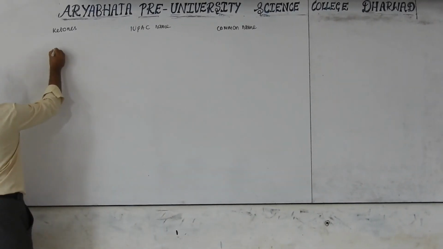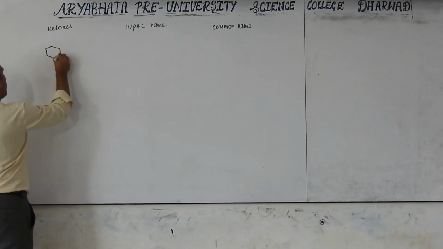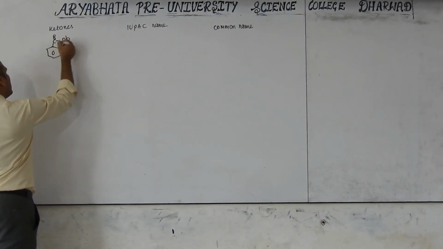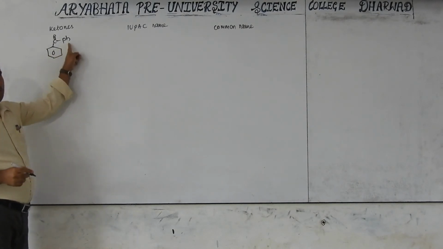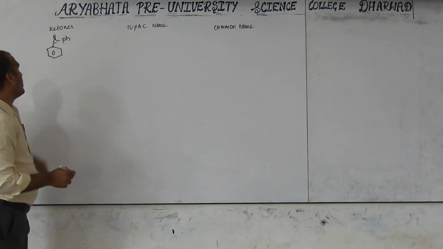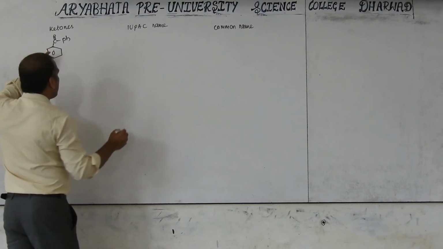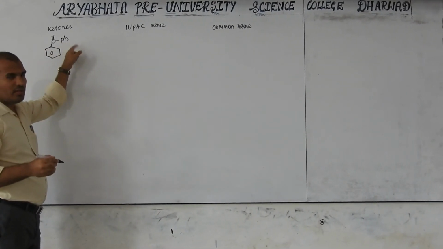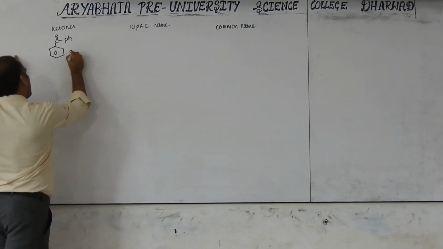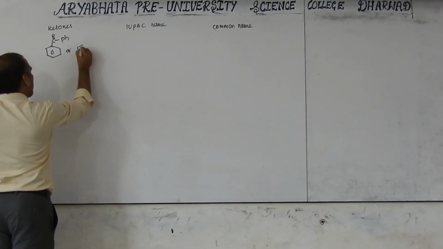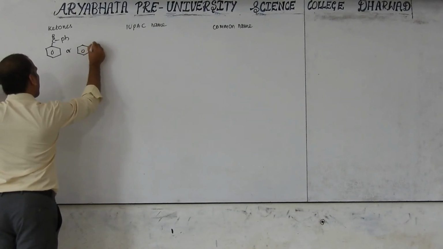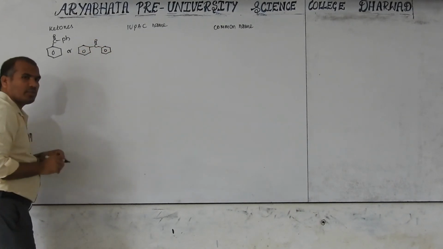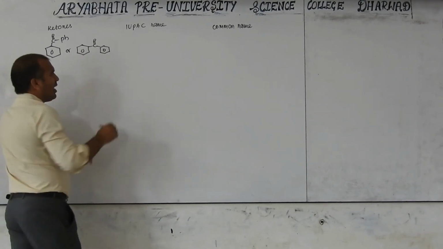Now, one more compound. This is phenyl group, that is C6H5. Its IUPAC name: this is phenyl, this is also phenyl. Don't consider this as different, both are the same.